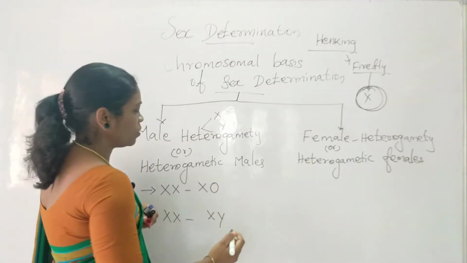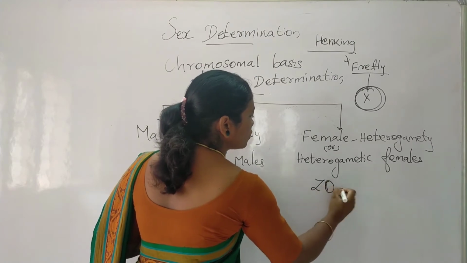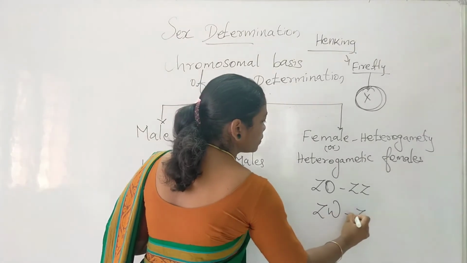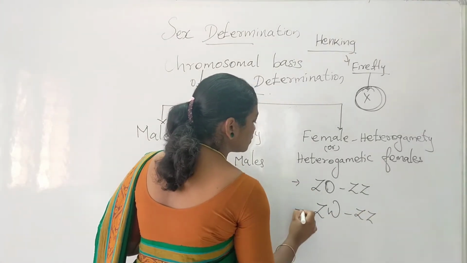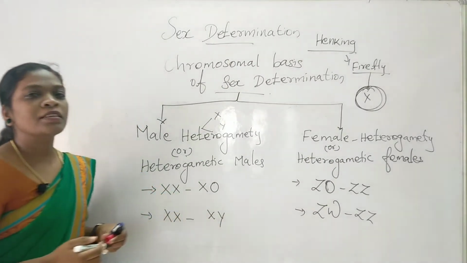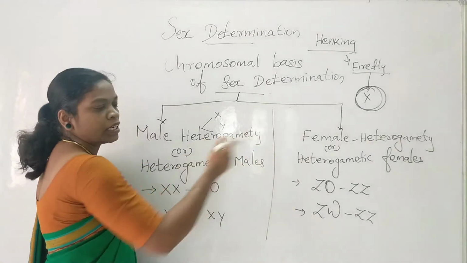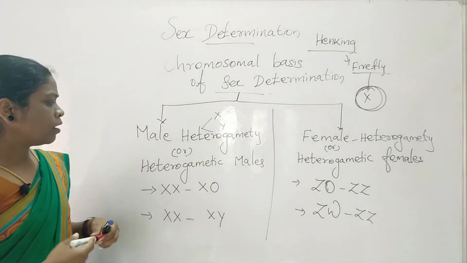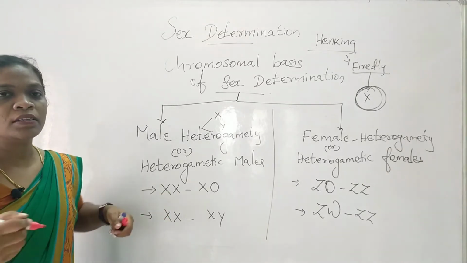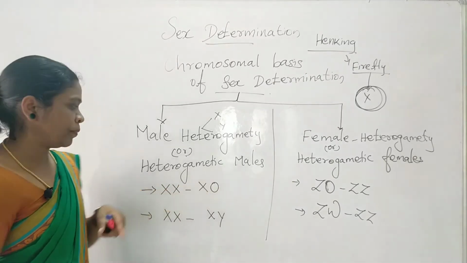And here we are going to learn about ZO, ZZ or ZW, ZZ. So we are going to learn about these two different types of sex determination in two different categories, male heterogamety and female heterogamety. Where you can find this type of heterogamety, it is seen in males actually. That is why it is known as heterogametic male.